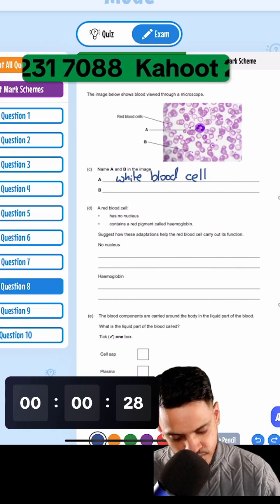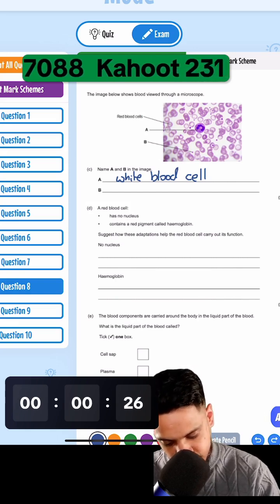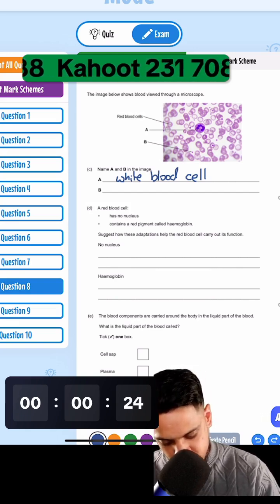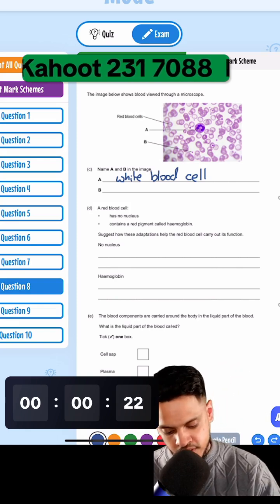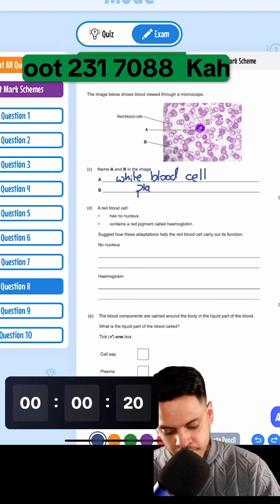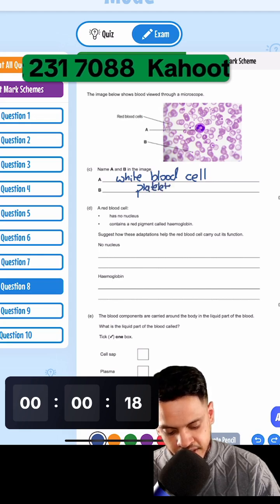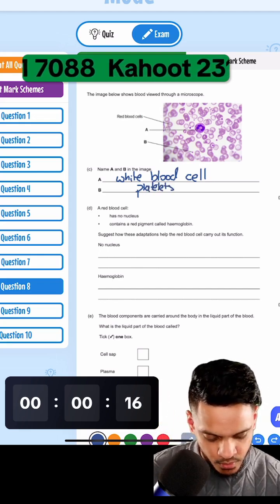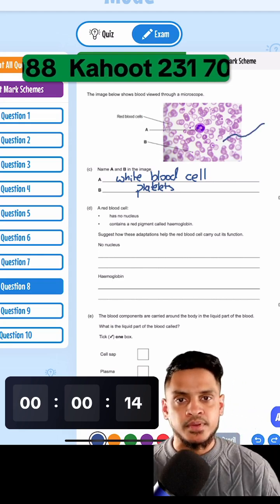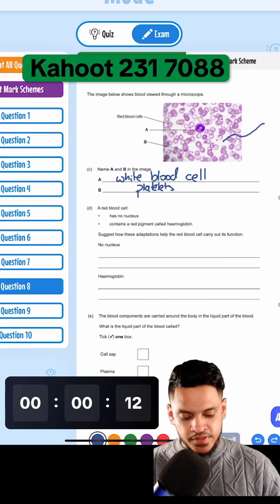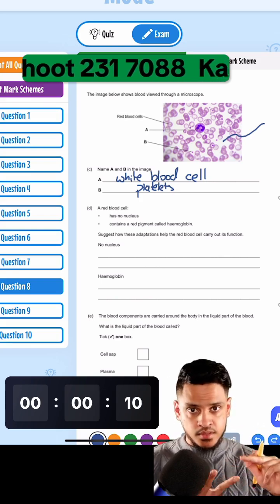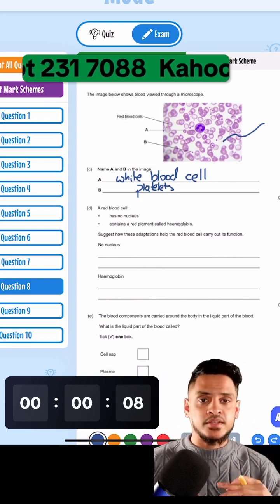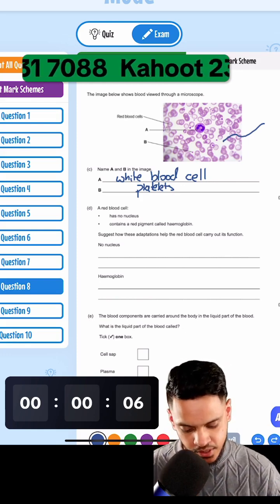Platelets, not pathogen, because it's saying it's blood, isn't it? So they're asking about the different components of the blood. It's the platelets. Plasma is the liquid surrounding it, so it's actually the white bit here. That is the plasma. That's the liquid that all of these three things, the red blood cell, the white blood cell, and the platelets, are floating around in. That's the liquid.